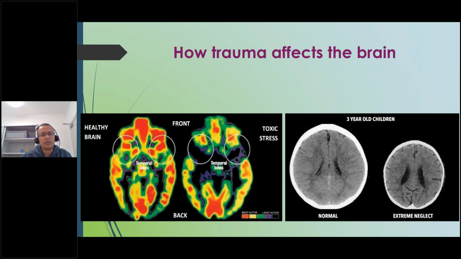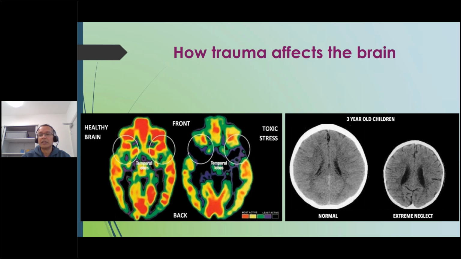In a lot of cases, when there is extreme and prolonged stress, brain cells can actually die. When they die, they appear as black, and those parts of the brain that have no living neurons perform no function at all. When they die, the brain size can actually be reduced. As you can see on the slide, the picture on the right shows two brain images of a normal 3-year-old and a 3-year-old that has suffered from extreme neglect.